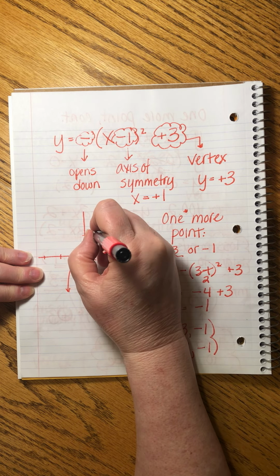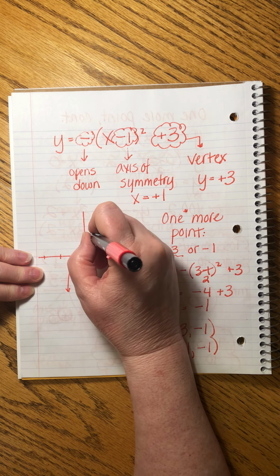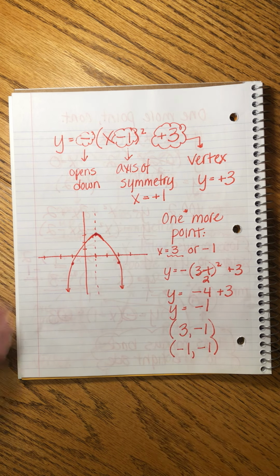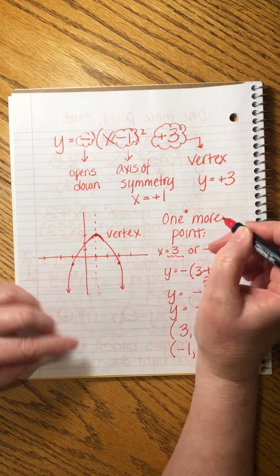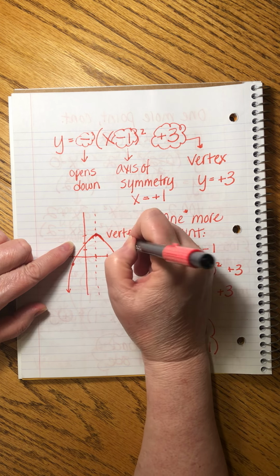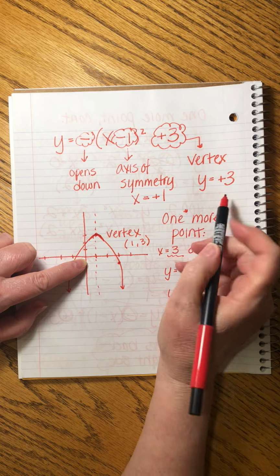And there's our parabola. Mine looks a little pointy. Remember, they're not pointy at their vertex, they're rounded. So I'm just going to improve that a little bit. All right, this is our vertex here. The point of our vertex is 1, 3. We can calculate that, right?